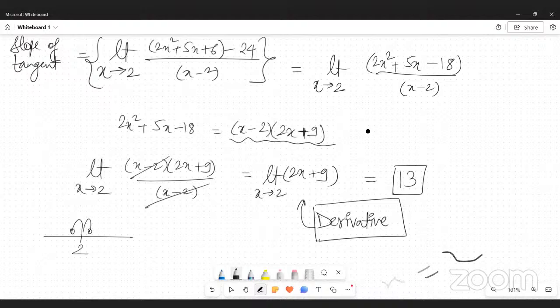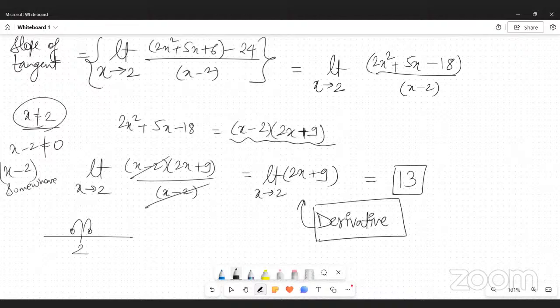Since x was tending to 2, x was not equal to 2. I had mentioned it earlier also. So x minus 2 is not equal to 0. It is somewhere near 0, something like 0.0000001, but it is not 0.